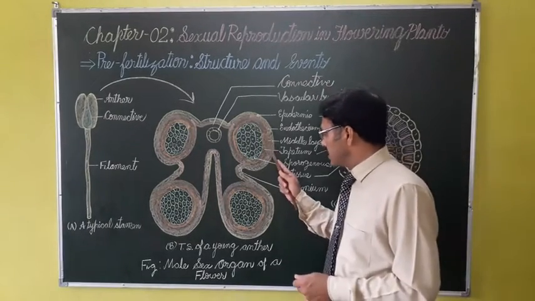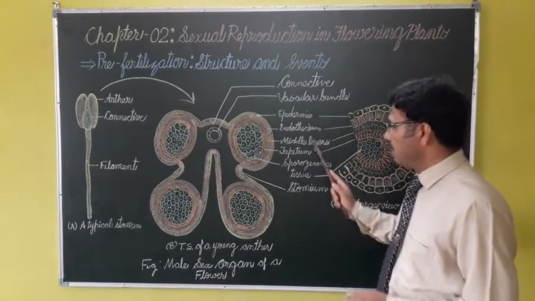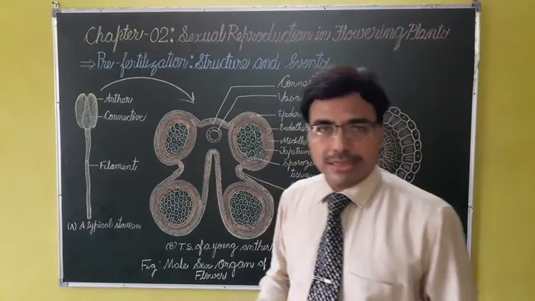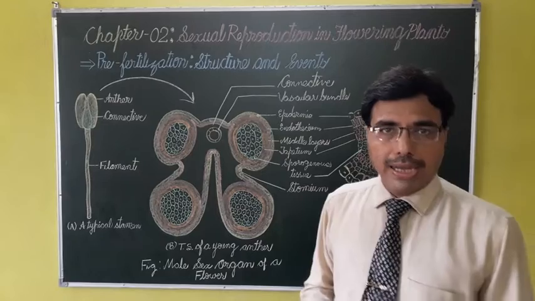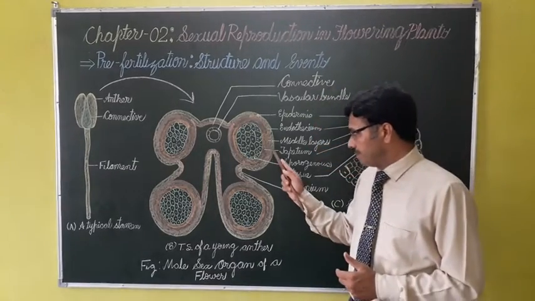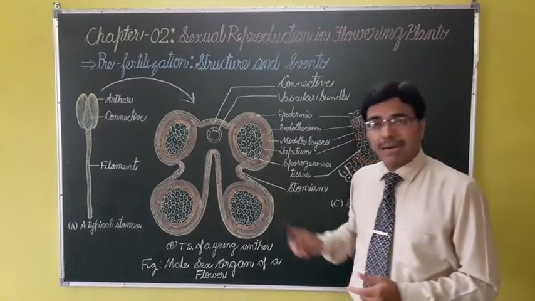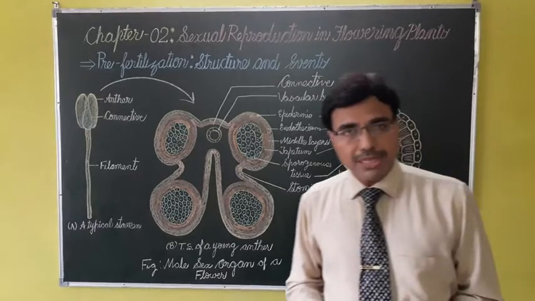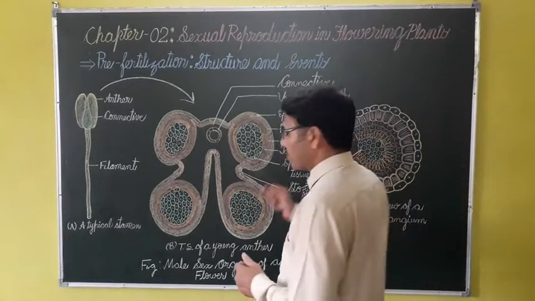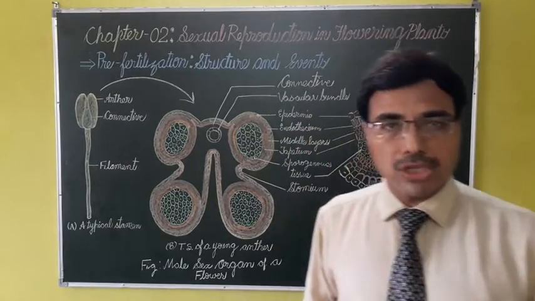Now inner to this, a brown layer is there, which is called middle layer. Middle layer is made up of 2 to 3 layers, and the innermost layer of this microsporangium is the tapetum. Tapetum, this layer provides nourishment to the developing microspores.